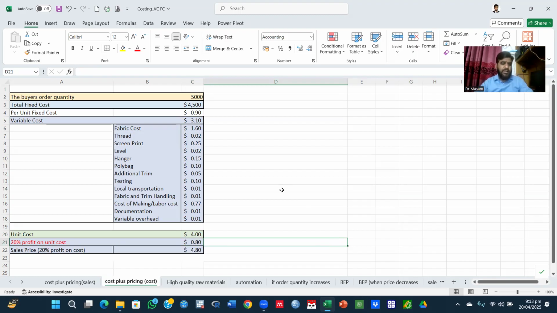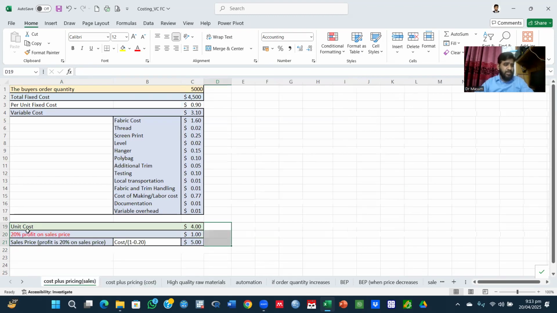Both ways you can calculate your price. It depends on your expectation. Your expectation may be 20% profit on unit cost, or 20% profit on sales price.